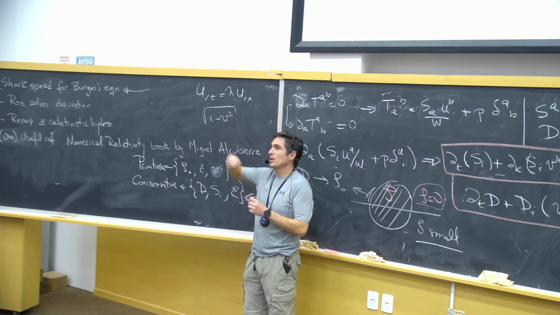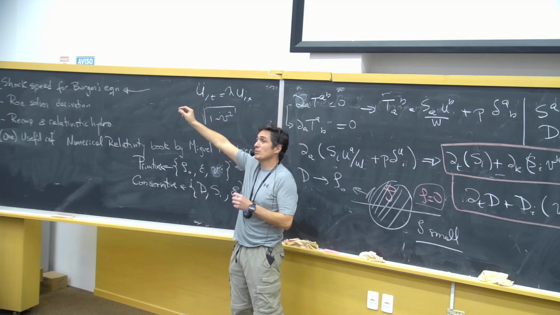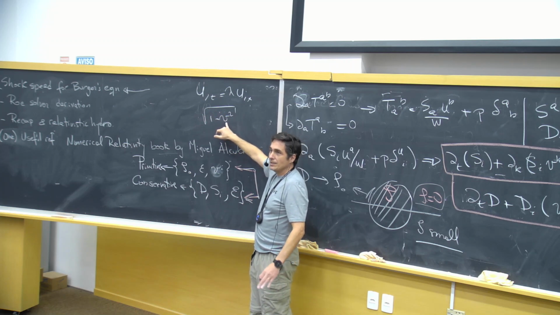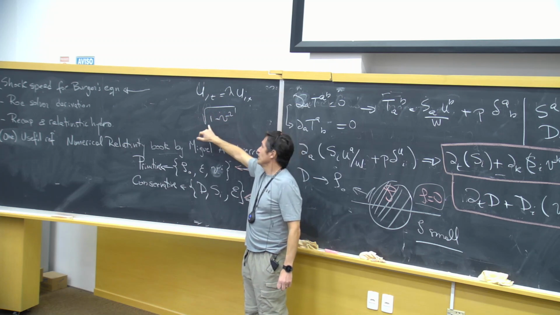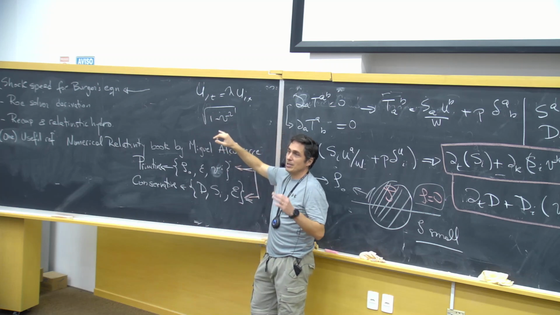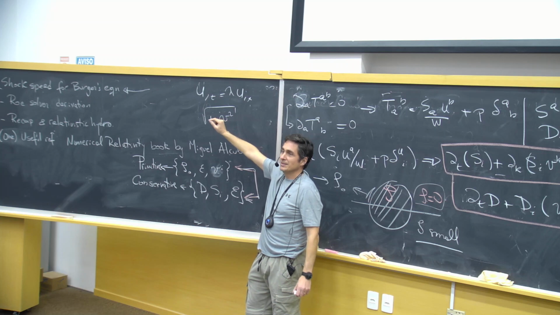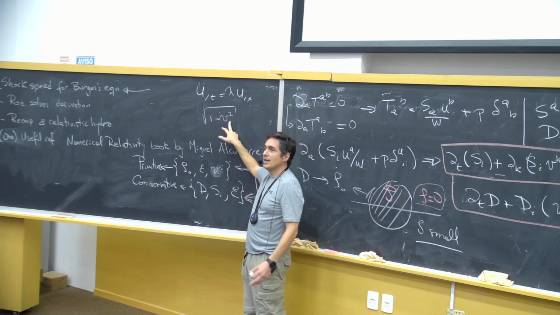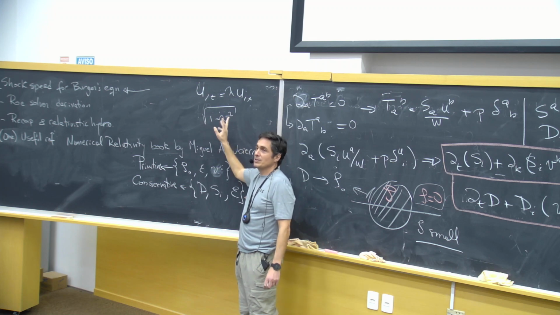Now imagine you go very close to where the fluid is almost moving at the speed of light, which could very well happen. Analytically, you know that V is bounded by 1, and the worst that can happen is 1 minus V squared is 0. Numerically, that V can be 1.00001, which is ridiculous, it's not physical, but now 1 minus that number will be negative, and you're trying to take the square root of a negative number.